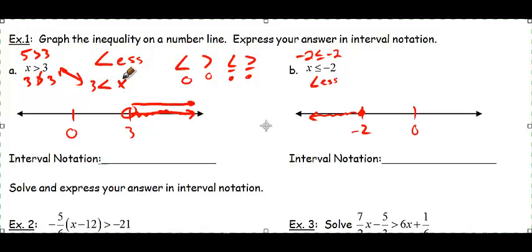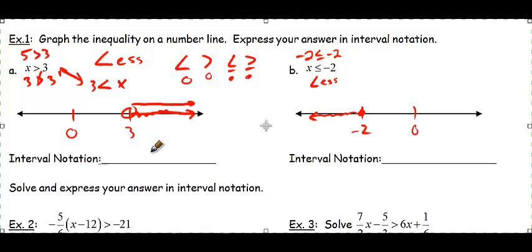However, that arrow appears to point to the left. So you can use this arrow only if x, the variable, is on the left side. So the arrow points left, you shade to the left. But it's safer to just use logic. We want the values that are smaller than negative 2 because x is less than negative 2. So those numbers are left of negative 2 on the number line.